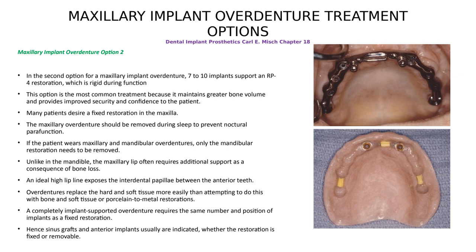An ideal high lip line exposes the interdental papilla between the anterior teeth. Overdentures replace the hard and soft tissue more easily than attempting to do this with bone and soft tissue or porcelain to metal restoration.